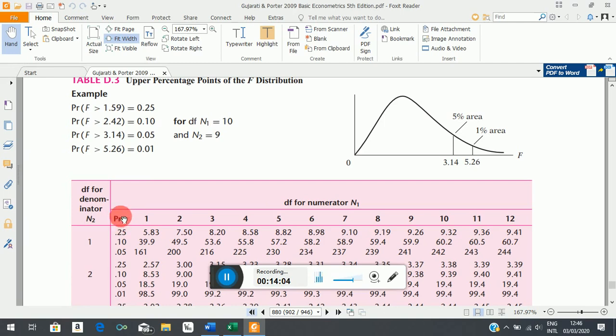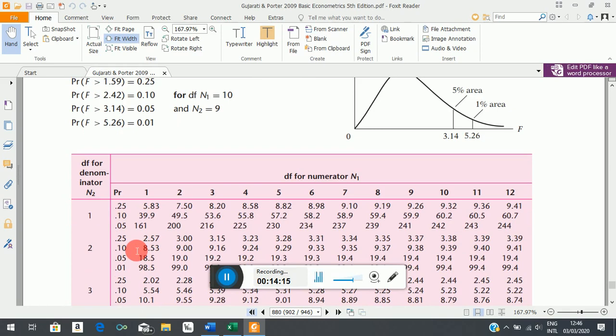Then the PR here is the p-value. So these p-values are reported for up to about 1%. There's something missing in the first row there. So this is 25%, this is 10%, this is 5%, this is 1%.